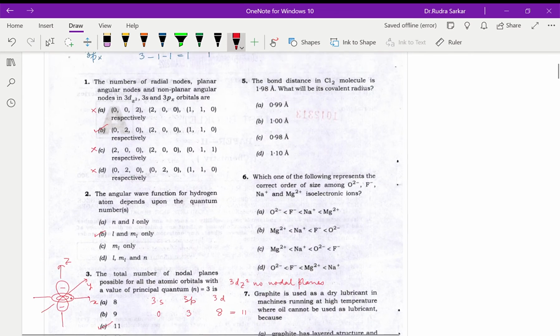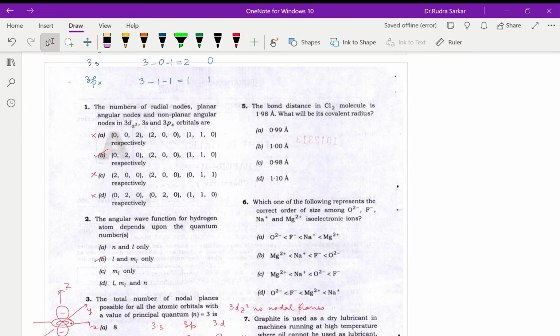For the next question, we have been given the bond distance in Cl2 molecule is 1.98 angstrom. What will be the covalent radius? So again, this is what they are looking for. Atoms of two similar size, there is overlap. So this is the, suppose, internuclear distance.